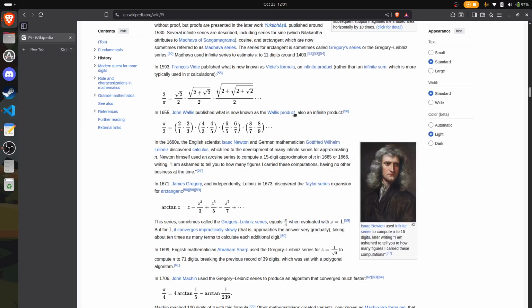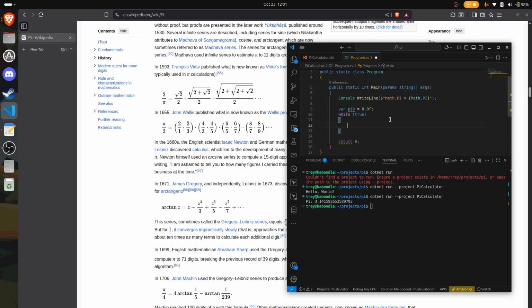I am struggling to figure out how you would represent that in any sort of loop. Square root of 2 over 2, and then the next loop is, let's see. Okay.